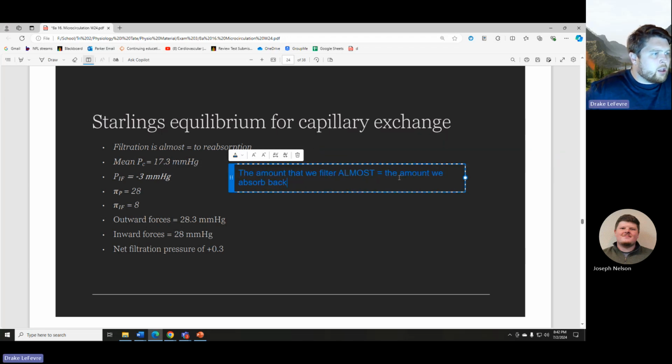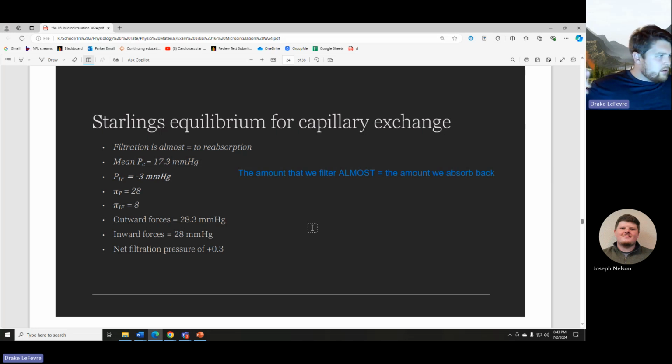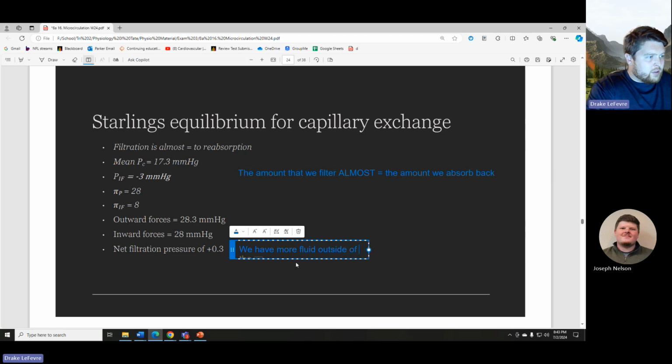So when you look at all of the numbers and everything throughout the entire capillary, our outward forces are 28.3, the inward forces are 28. So we overall have a net filtration of 0.3, which means we have more fluid outside of the blood vessel than what we started with.